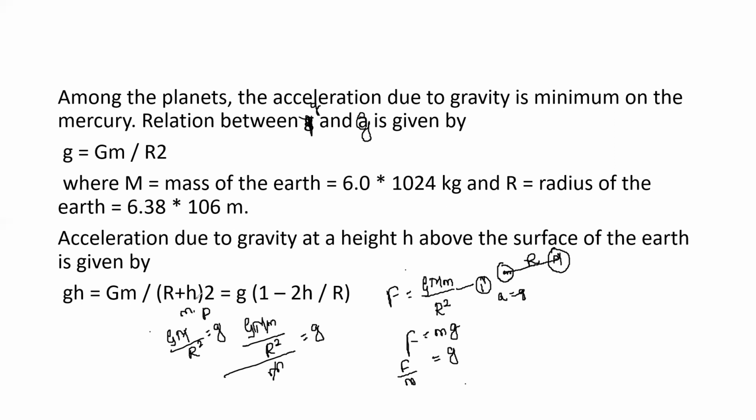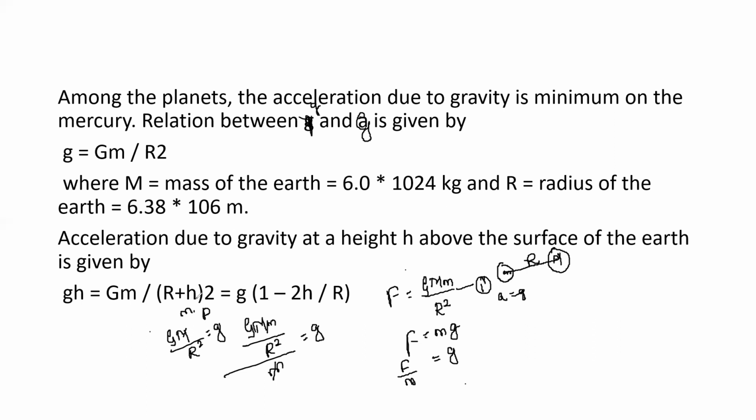Now you can see down it is written, where M is the mass of the earth. The mass of the earth is 6 into 10 raised to 24. Don't get confused here, it is 10 raised to 24, it is not 1024. It is 10 to the power of 24, in kg.